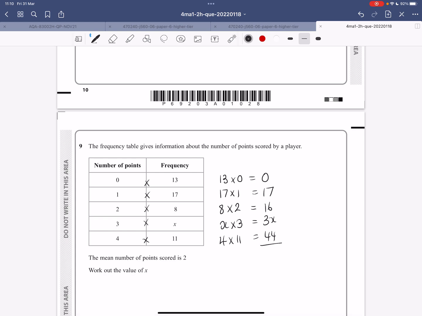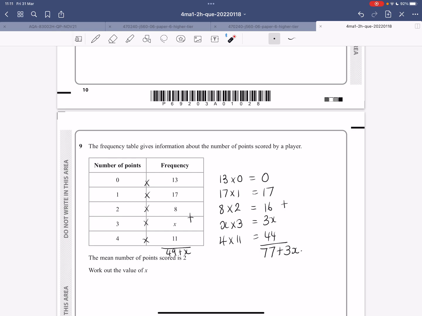And then we need to add those up, and we also need to add these up. I'll do an explaining of that in a minute. 77 plus 3x. Okay, and then this is 49 plus x.